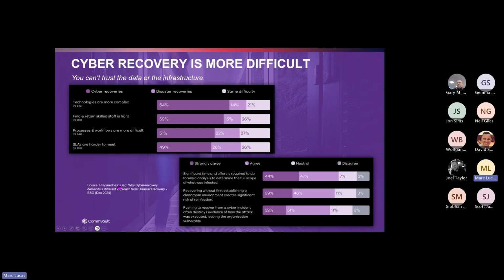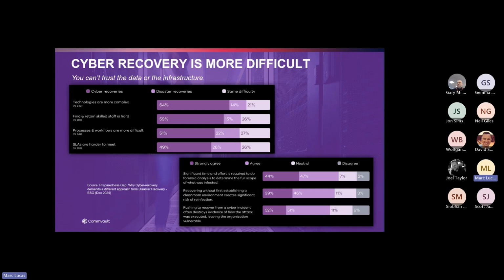There's a fantastic report that I've included the URL to there, which goes into why you need to have a different approach to DR. As you probably know, with your customers around disaster recovery, they tend to test it on certain parts of the business, or recovering certain parts of data.